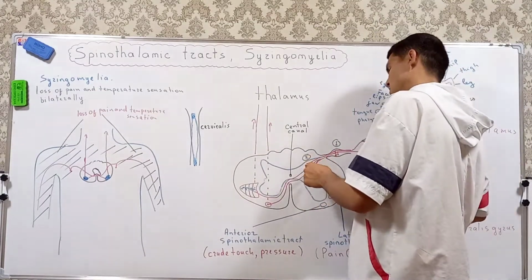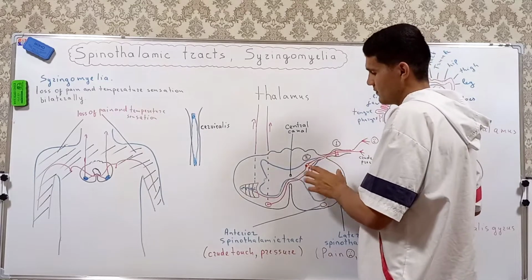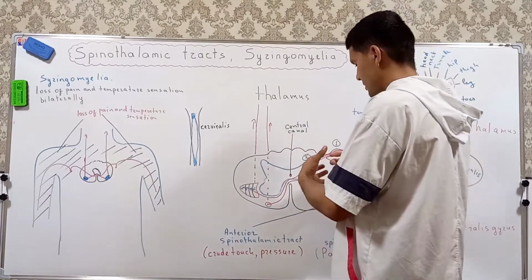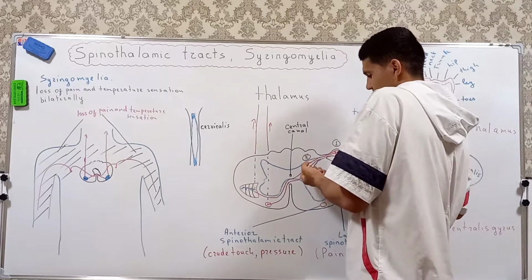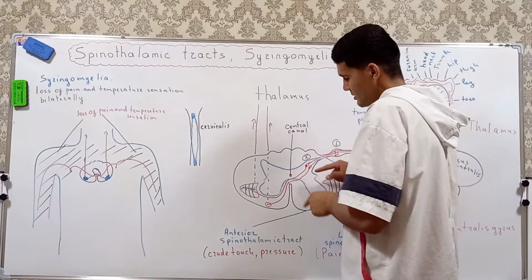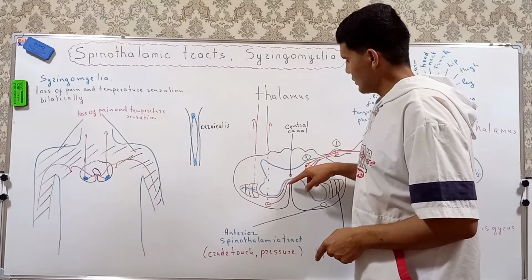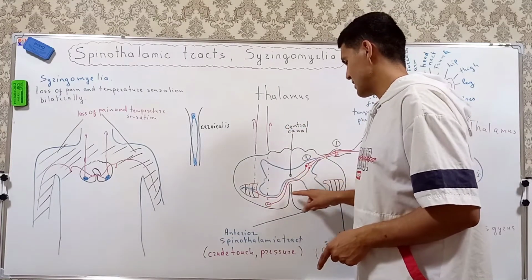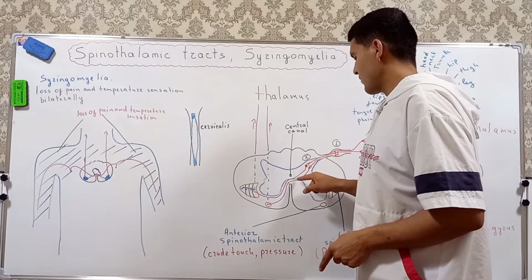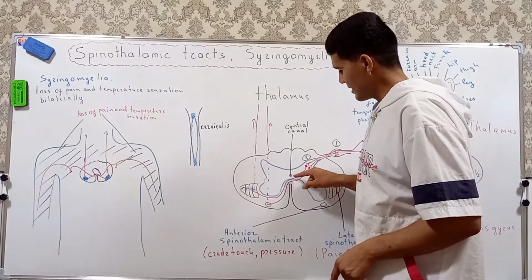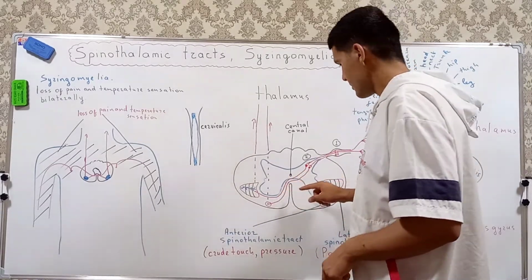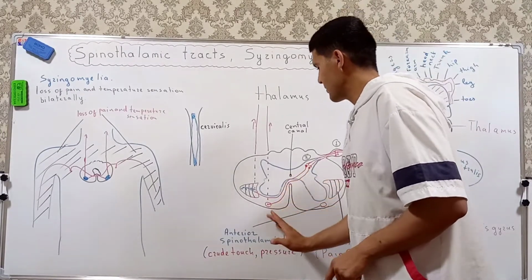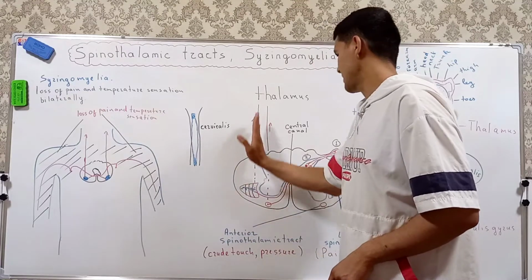There is a synapse in the gray matter of the spinal cord, and after the synapse, this information is carried to the spinothalamic tract. Before reaching the spinothalamic tract, these fibers have to cross the anterior commissure. After passing the anterior commissure, they ascend in the spinothalamic tract.